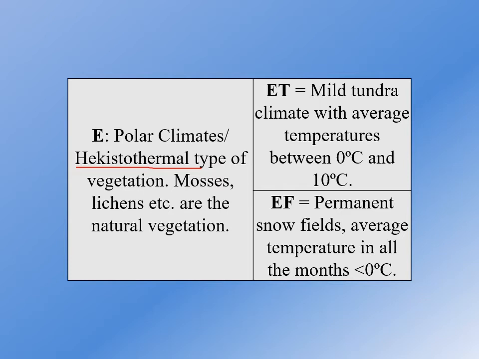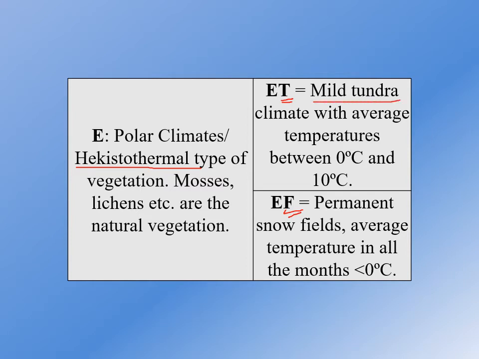The polar climates are again divided into two groups, and as I told earlier, here instead of small letters, capital letters T and F are used. ET indicates mild tundra climate with average temperature between 0 degrees centigrade to 10 degrees centigrade.